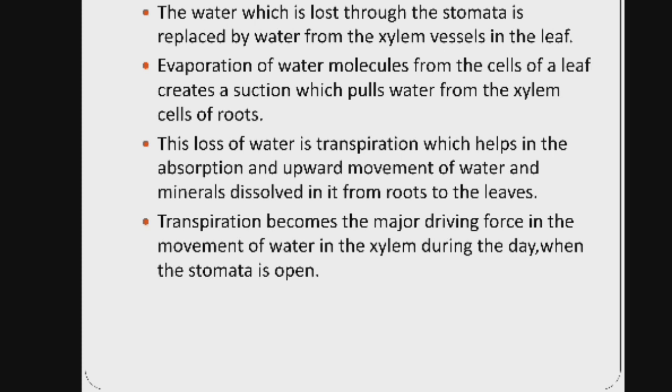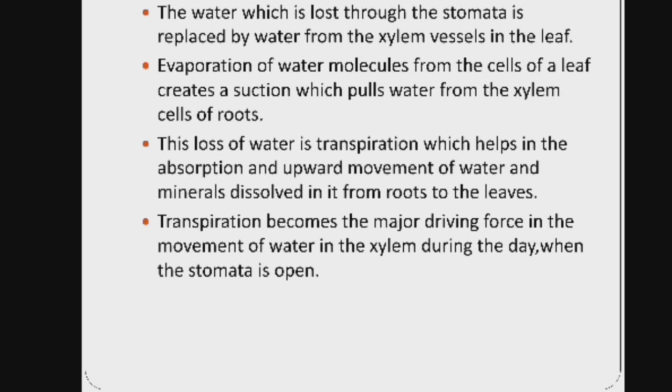Evaporation of water molecules from the cells of a leaf creates a suction which pulls the water from the xylem cells of the roots. This loss of water is transpiration, which helps in the absorption and upward movement of water and the minerals dissolved in it from roots to the leaf.